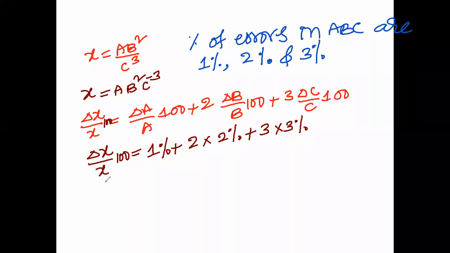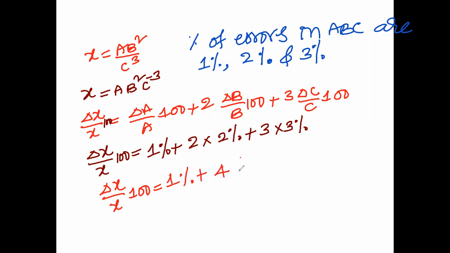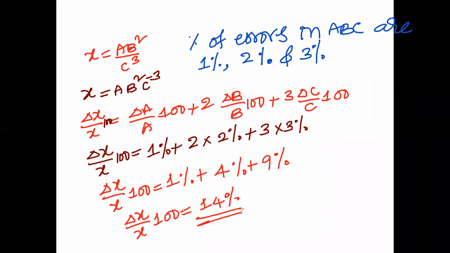Like this. So delta x divided by x into 100 is equal to 1% plus 2 into 2, 4%, plus 3 3s are 9%. So delta x by x into 100 is equal to 1%, 4 plus 9, 14%. Total 14% we will get. Like this, we will simplify. Important repeated problems are there.